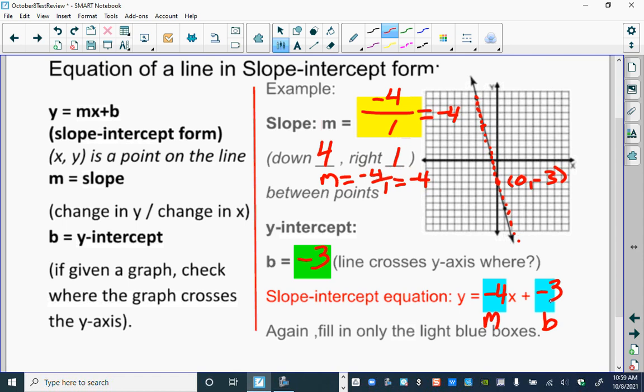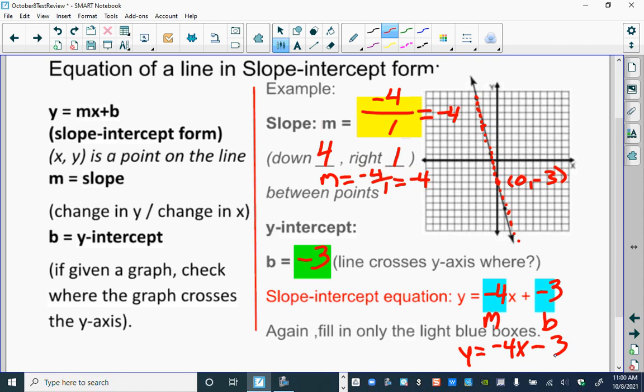Now, some of you could write this as y equals -4x minus 3. I will accept that. You can write it that way too. But basically, for that problem, look at your slope, then do your counts, and then look at where that line crosses the y-axis.